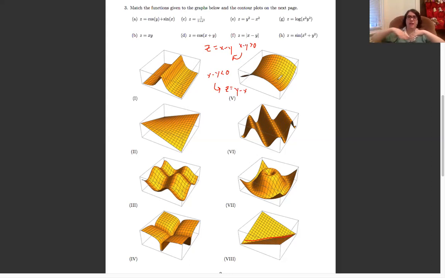They go along this line where z is 0. The only one of these that looks remotely plane-like to me, let alone 2 planes, is number 8. So I'm going to say f is 8.